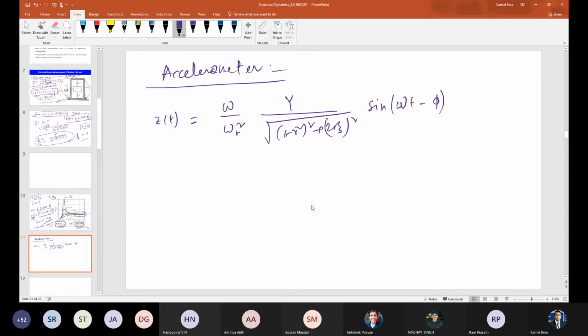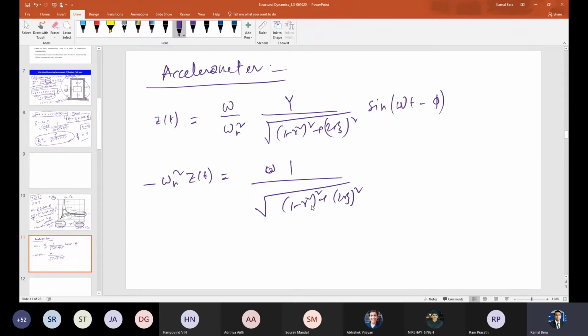I can write omega square Y sin(omega t minus phi).